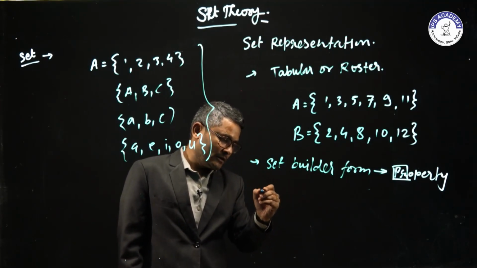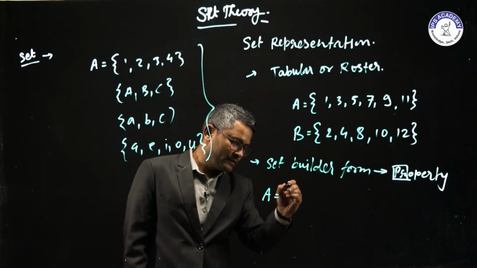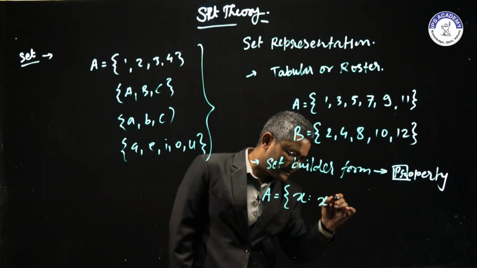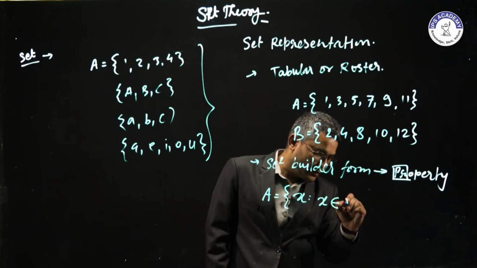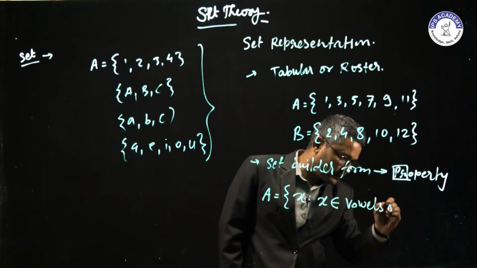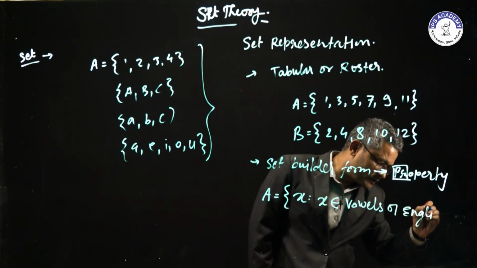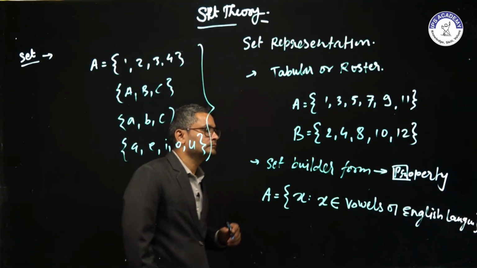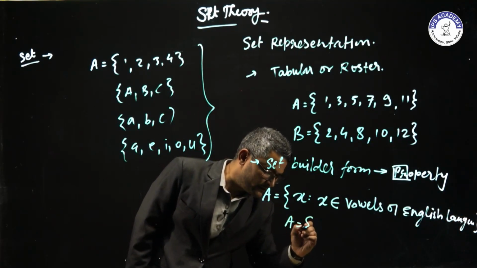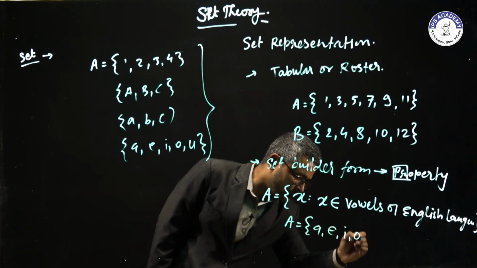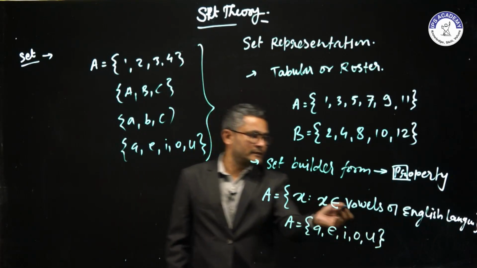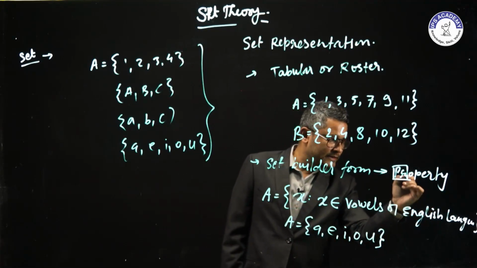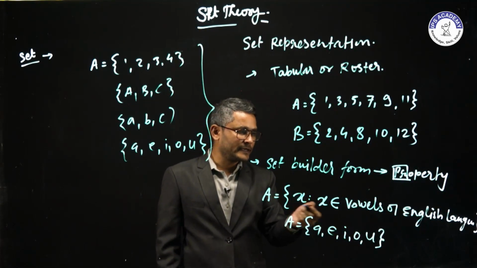For example, I need to write A equals x, such that x is an element of the vowels of the English language. So, here you can say A, E, I, O, U. Each element is a vowel of the English language. So, set builder form is just like each element possesses the particular property. You just write the property.